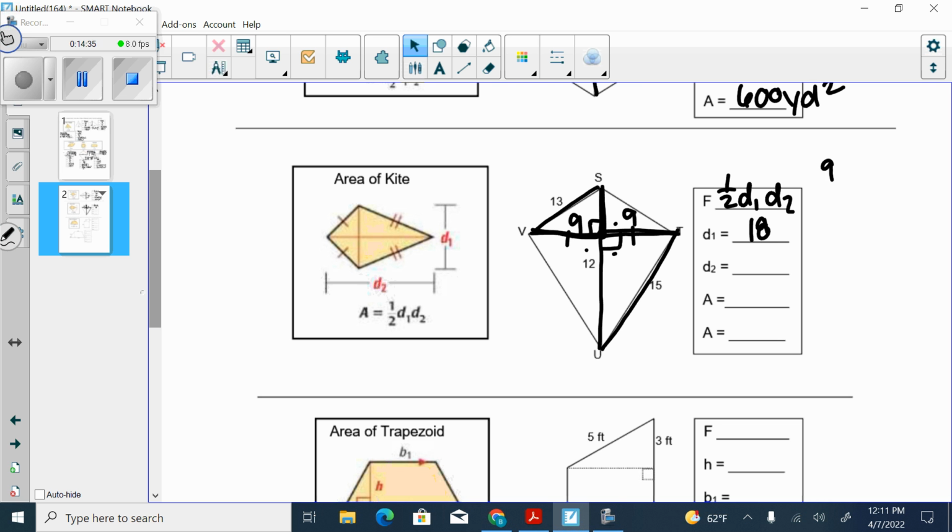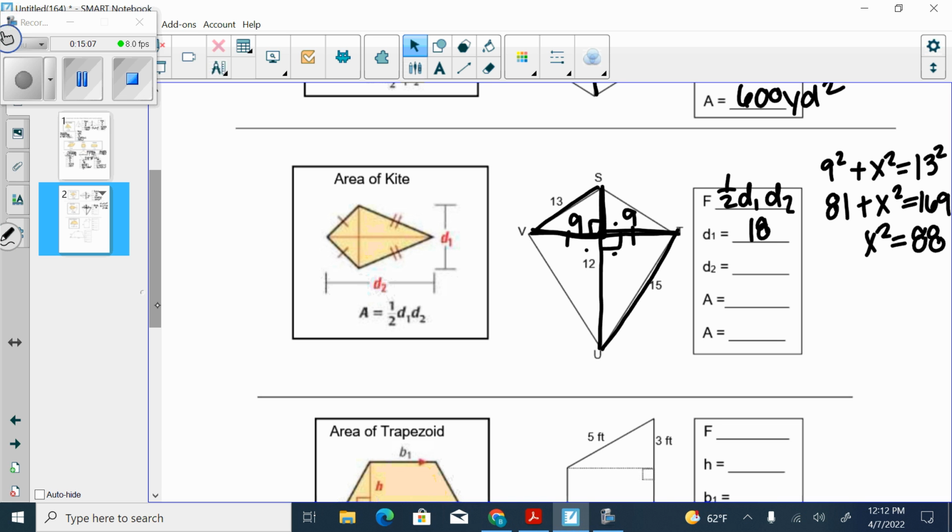So we got our 9 squared plus x squared equals 13 squared, or 81 from 169. And what are we going to end up with there? 169 minus 81 is... I thought you were going to say 88. Okay.